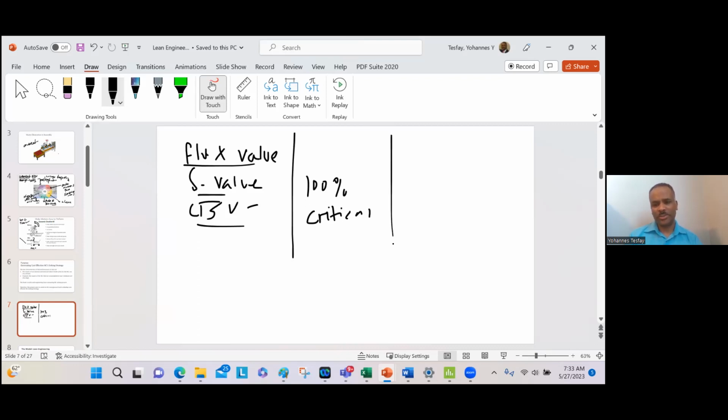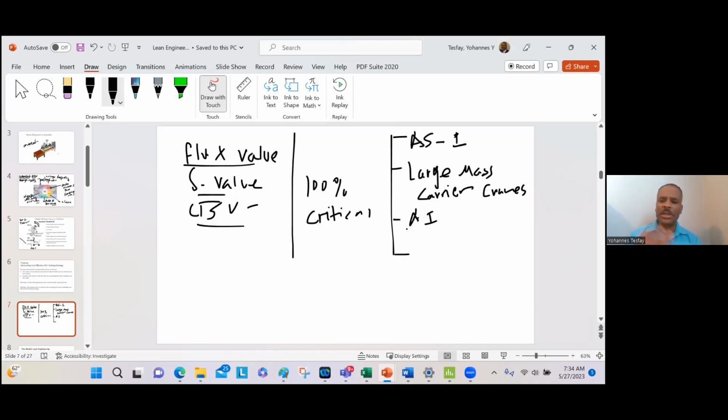Critical to what? One, the aerospace industry. Critical to what? Large mass carriers, cranes, the automotive industry, for different applications.